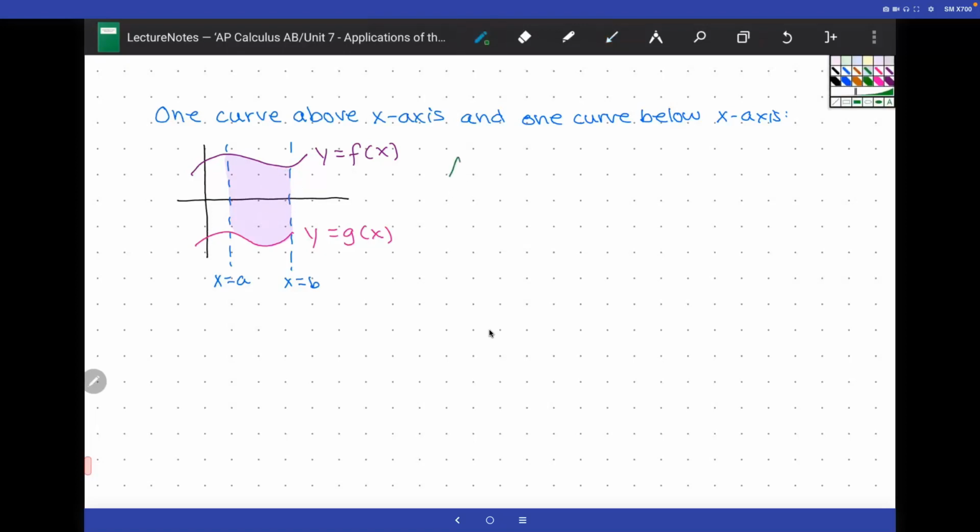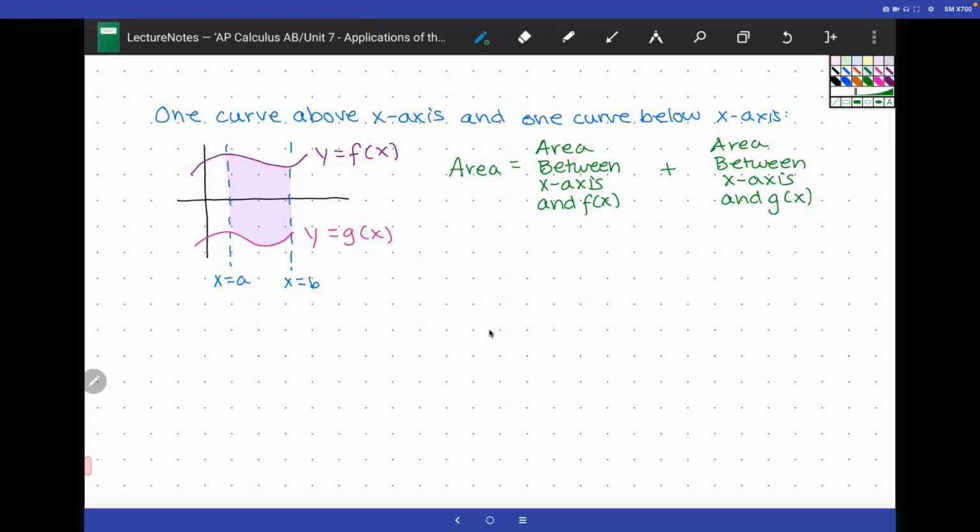So the area is the area between the x-axis and f of x plus the area between the x-axis and g of x.